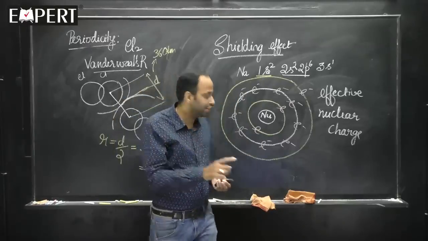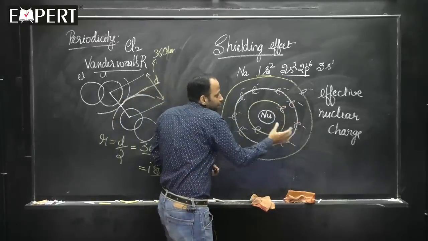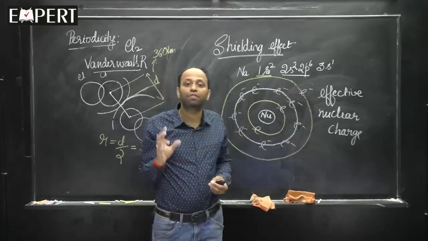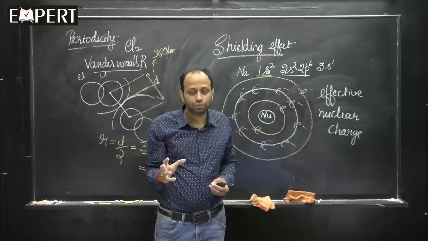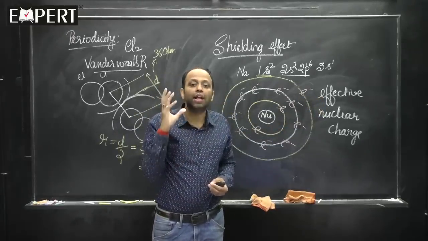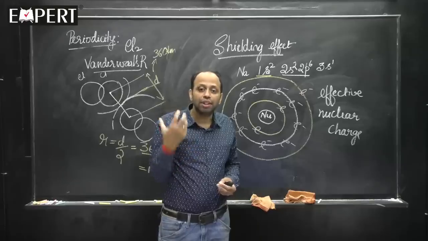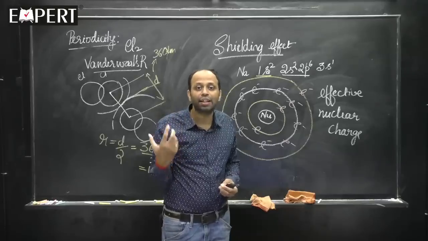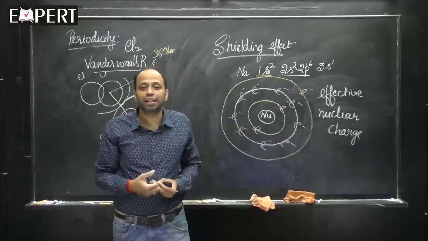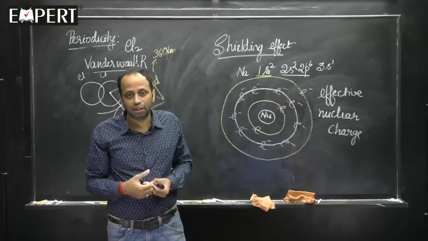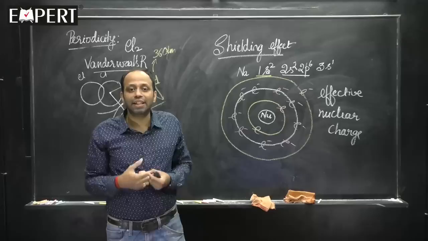Then the nucleus cannot attract the outermost electron very easily. So, this effect is called shielding effect. The definition is there on page number 95. Please memorize that.